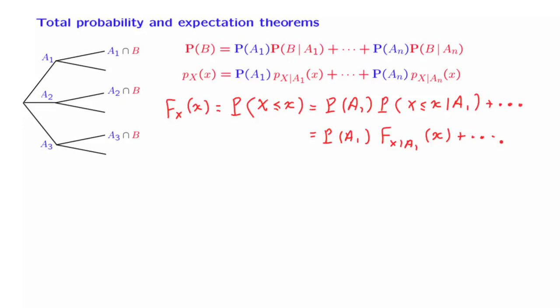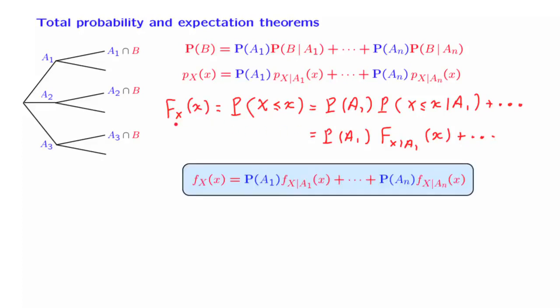Now, we know that the derivative of a CDF is a PDF. We also know that any general fact, such as this one, that applies to unconditional models, will also apply without change to a conditional model, because a conditional model is just like any other ordinary probability model. So let us now take derivatives of both sides of this equation.